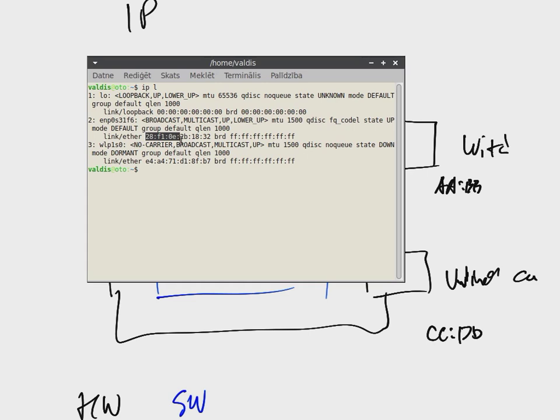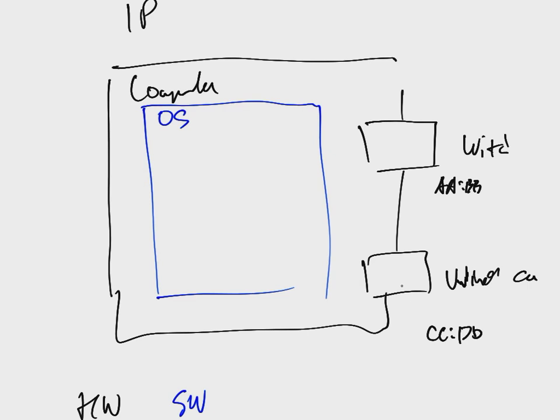This is the MAC address for the wired network, and this is the MAC address for the wireless network. These devices can send Ethernet frames, for example, from MAC address AABB to something, and it will be sent only so far as you have a direct connection to this other device.